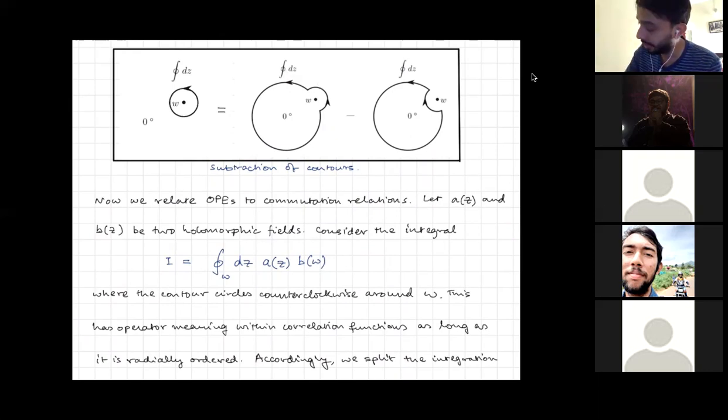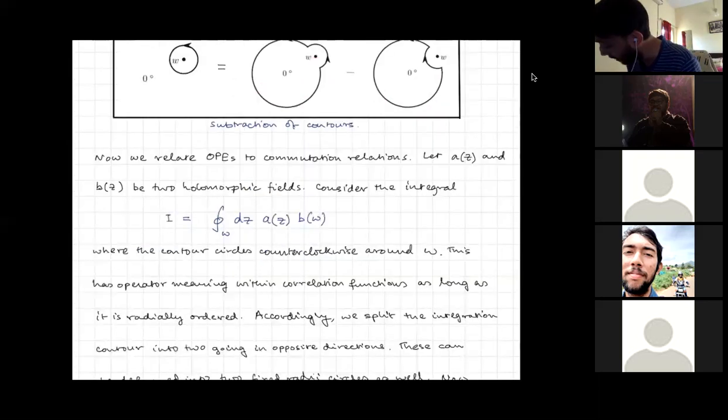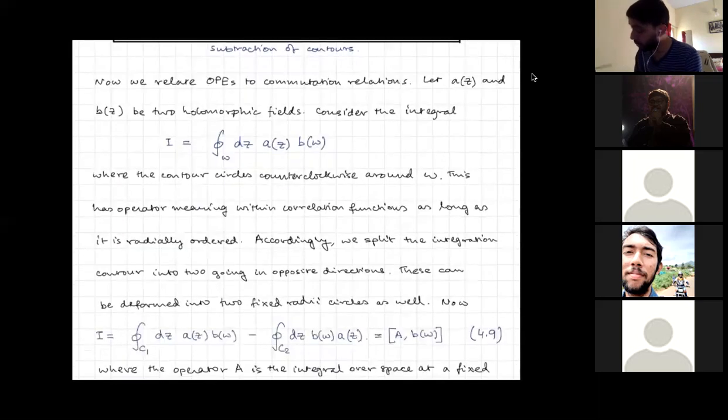So you have split this integral into two, as you can clearly see that if you were to subtract this one from this one, you're going to get to the one here. This one means a circle which is larger, and this one means a circle which is smaller. This includes the point omega. This excludes it.